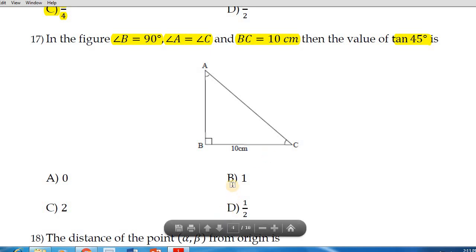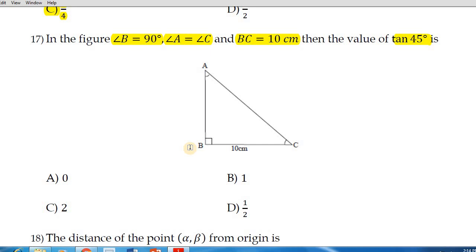Or else, they have said that angle A equals angle C. Keep in mind that sides opposite to equal angles are equal. So AB equals BC. BC measurement is 10 centimeter, so AB is also 10 centimeter.